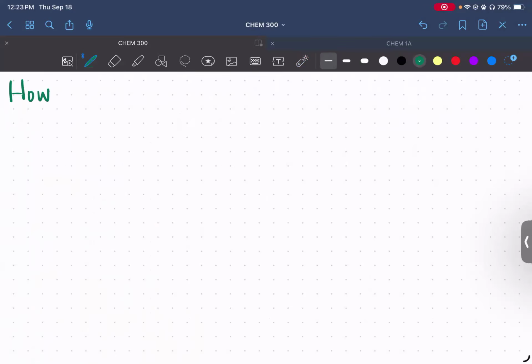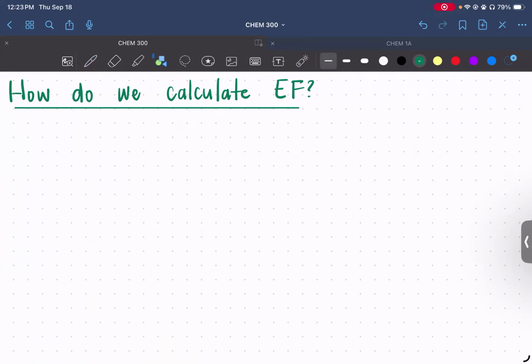So now that we know this, how do we calculate empirical formulae? All right, let's take a look at what a question might look like.